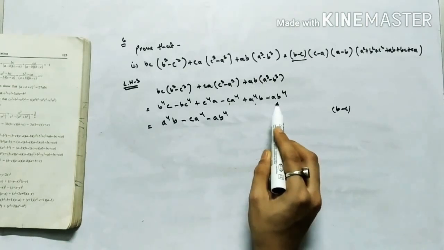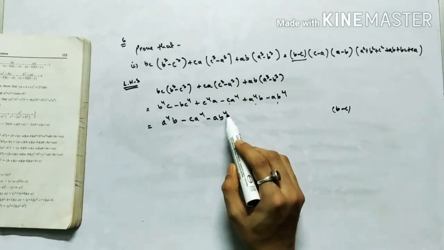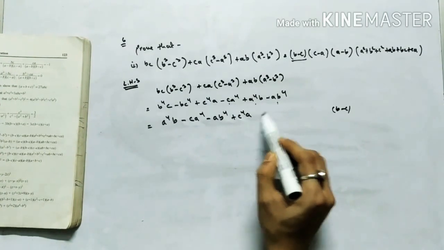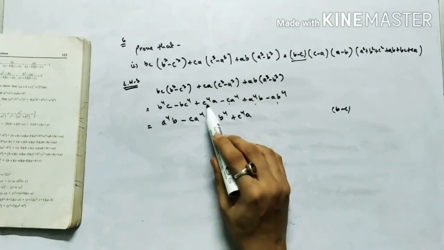This is AB4 plus C4A. Okay, plus this is plus C4A I will do. AB4 plus C4A.